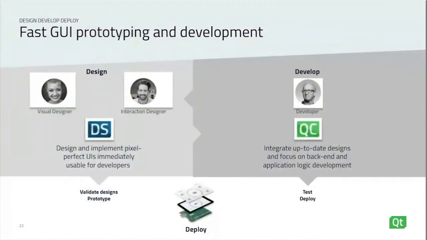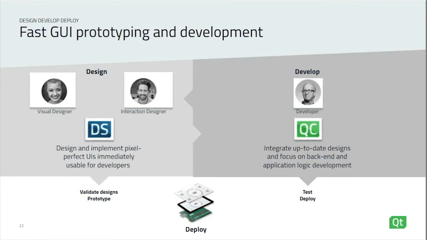Now on to the workflow, because this is a really important aspect of Qt. What we want to do is really to reconcile 2 different types of people who, at least in the past, have not been working very well together. And these are designers and developers.